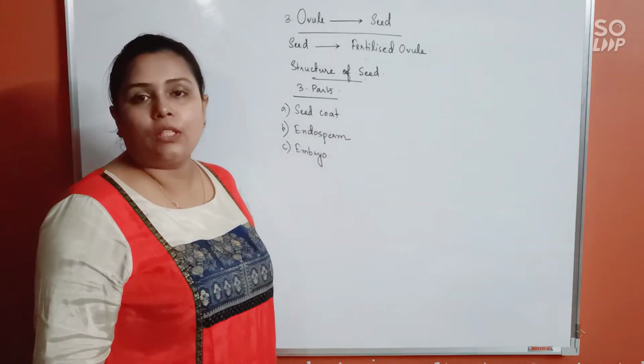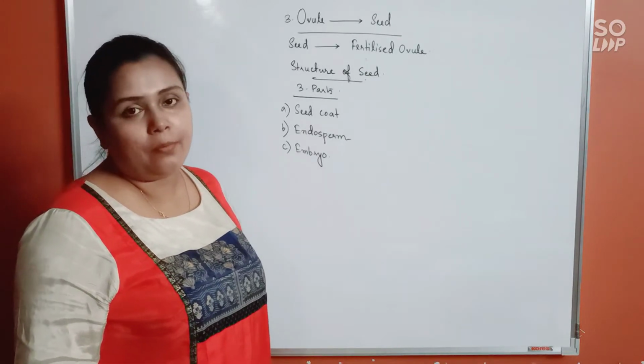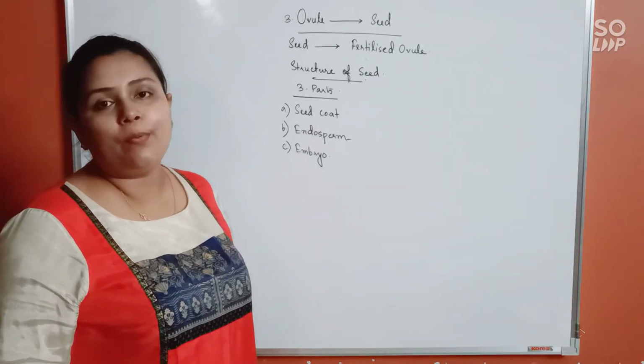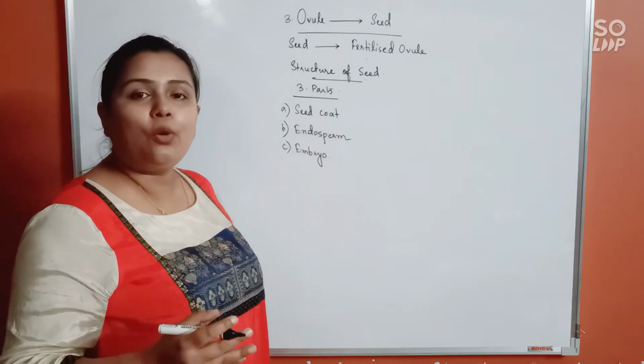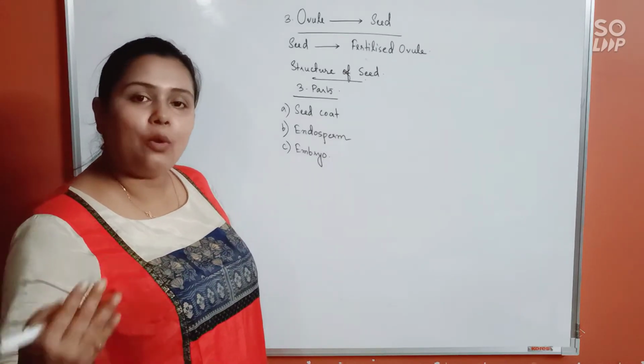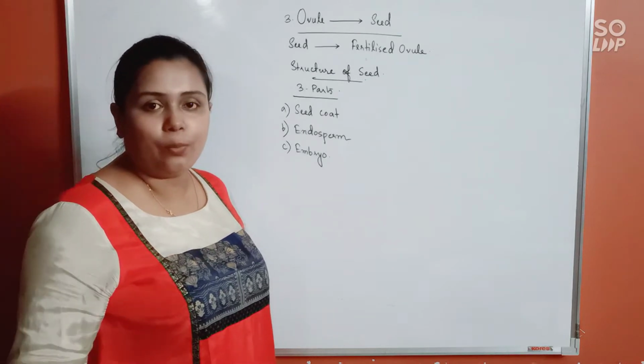Now, seed coat is the outermost protective layer present in the seed which develops from the integument. You know that the integuments are two, that is outer integument and inner integument, isn't it?